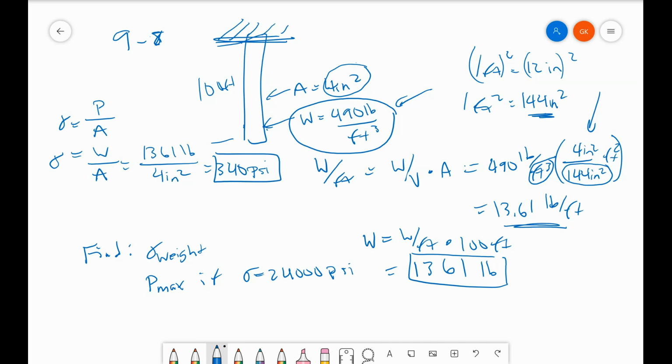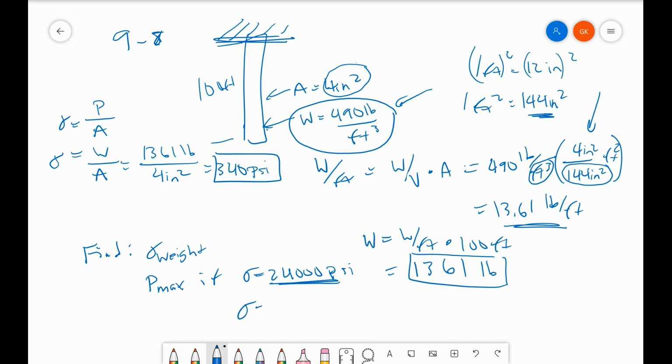The second one isn't honestly that hard either. It says, what is the max load it can take if it can only support 24,000 psi before it breaks? You might want to jump in and say my stress is going to be 24,000 psi, and we can do that, but we have to remember that whatever load we get at the end, we have to subtract out the weight.